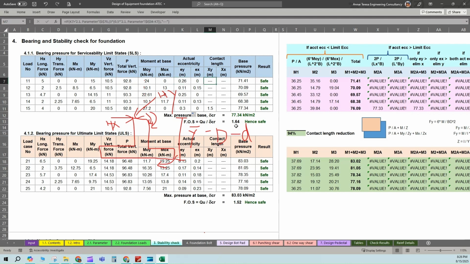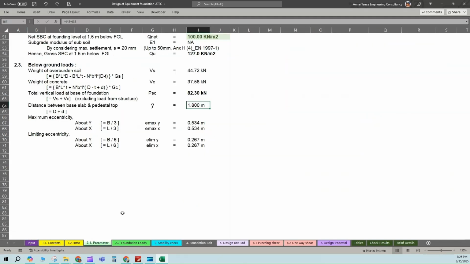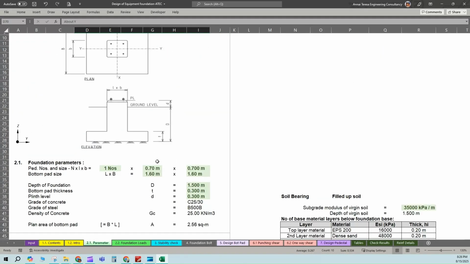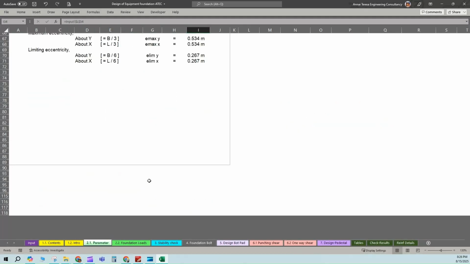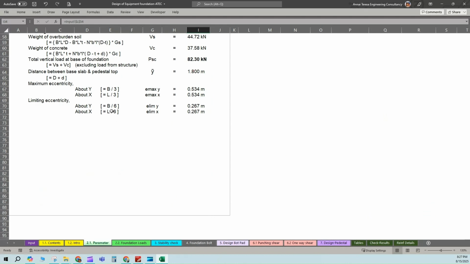Now coming to the contact length area. We already have equations for this contact length area. Suppose this eccentricity is less than the limiting eccentricity, as we have seen in this parameter. The limiting eccentricity is B divided by 6 and L divided by 6. We have already considered our foundation pad size as 1.6 by 1.6, so L by 6 or B by 6 is equal to 0.267.